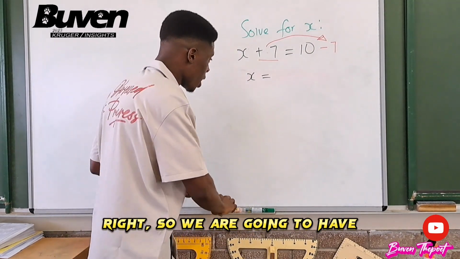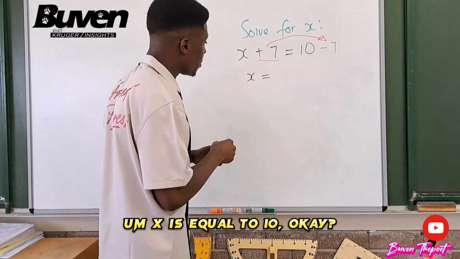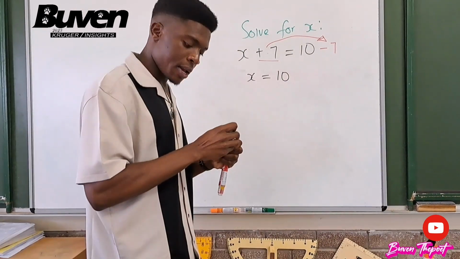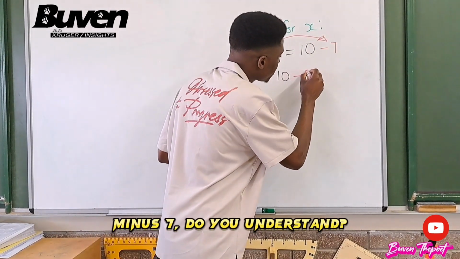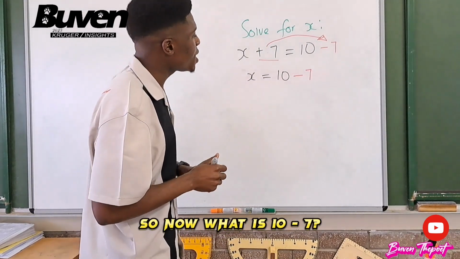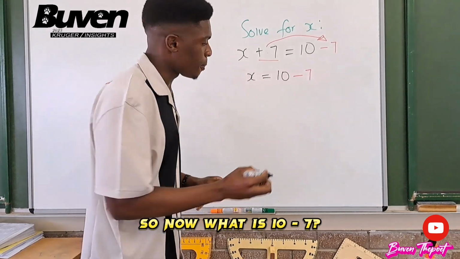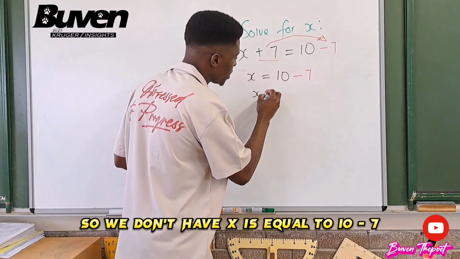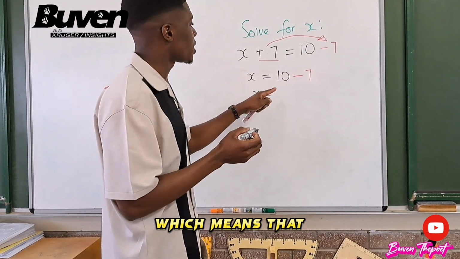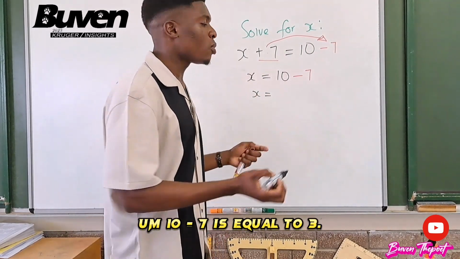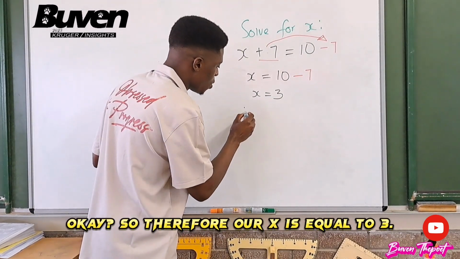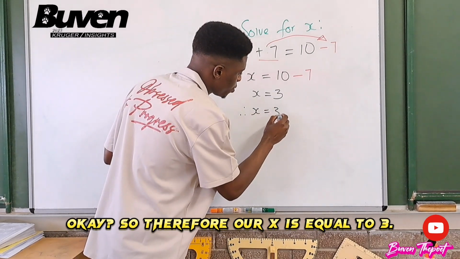So we are going to have x is equal to 10 minus 7. Do you understand? So what is 10 minus 7? 10 minus 7 is equal to 3. So therefore our x is equal to 3.